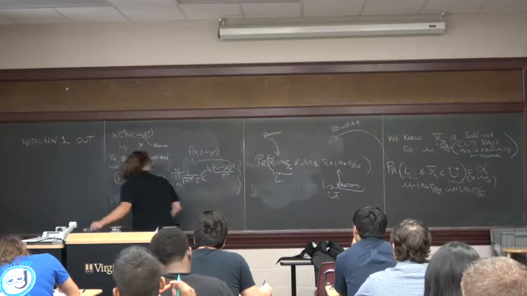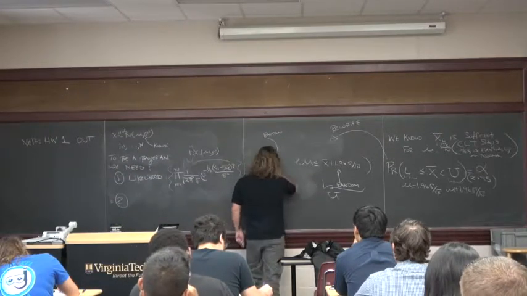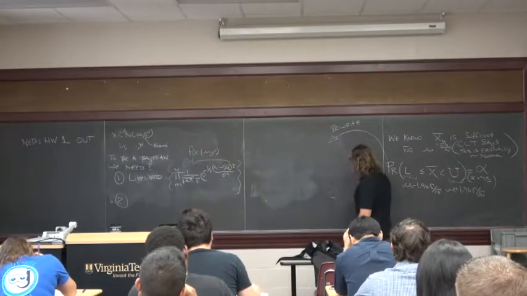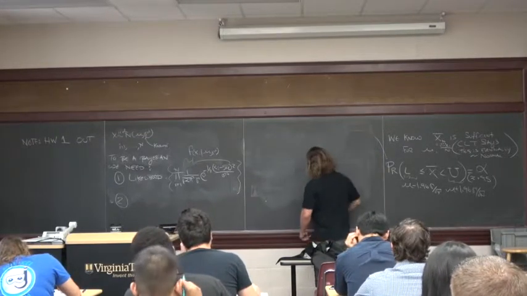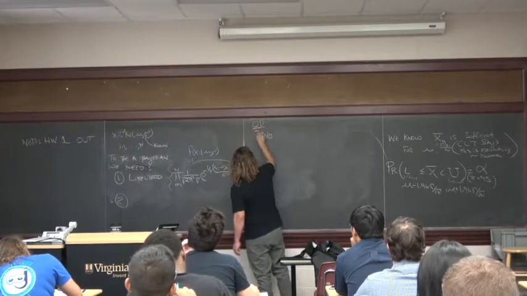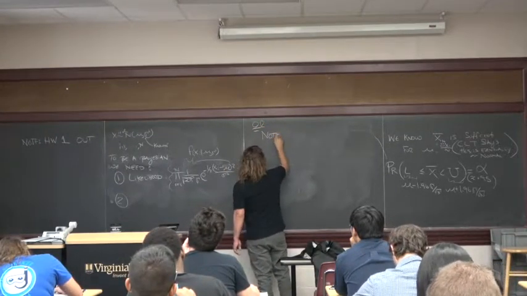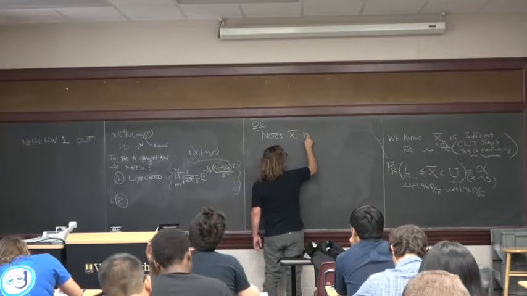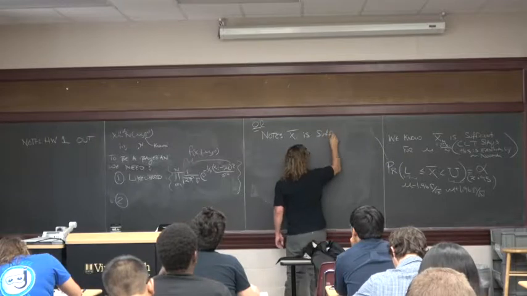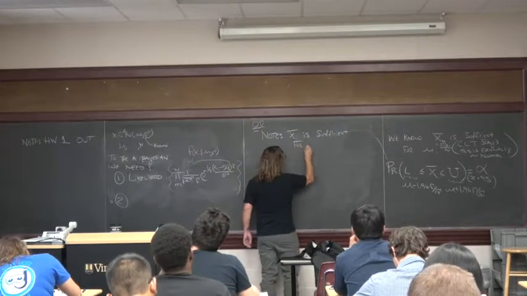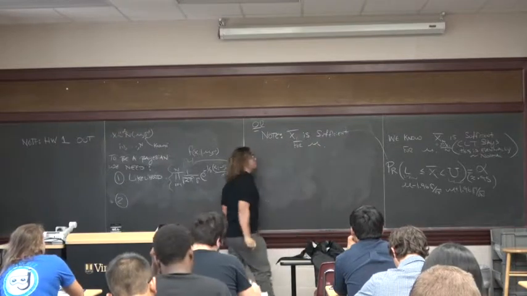I could write this down, or I have another choice. I could realize x bar is sufficient for mu. It's actually minimal sufficient.